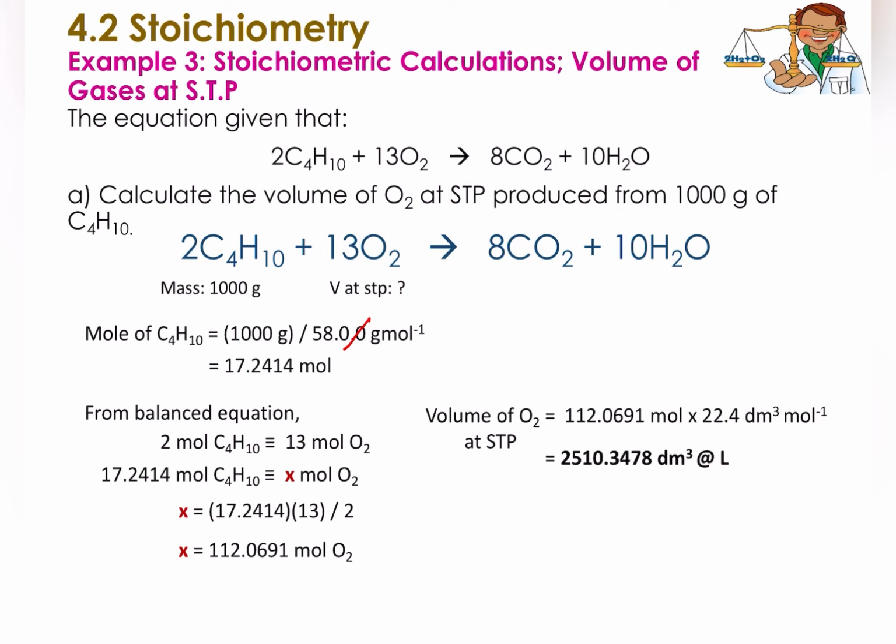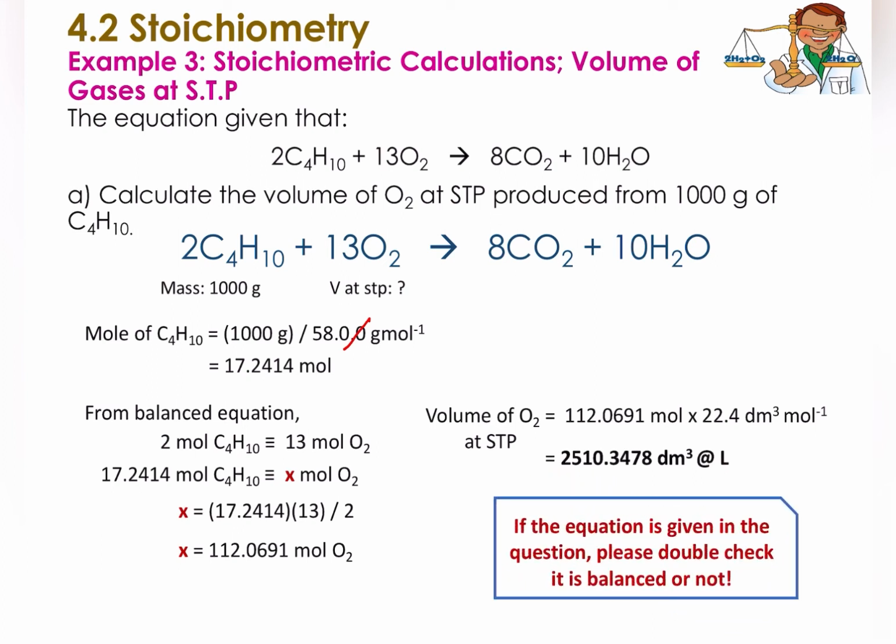And as I mentioned before, if the equation is given in the questions, you have to double check whether it's balanced or not, because sometimes dia ada trick dekat situ. Dia bagi equation tapi dia tak balance. Tapi bila awak ignore that, you are going to do the wrong stoichiometry. So please double check.